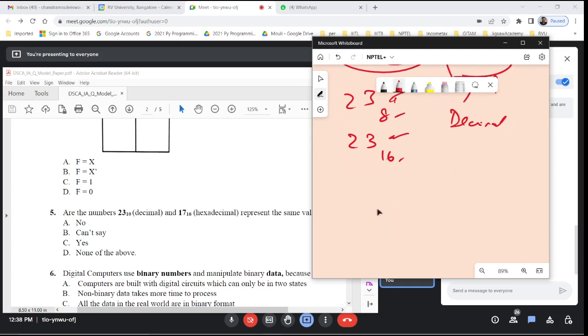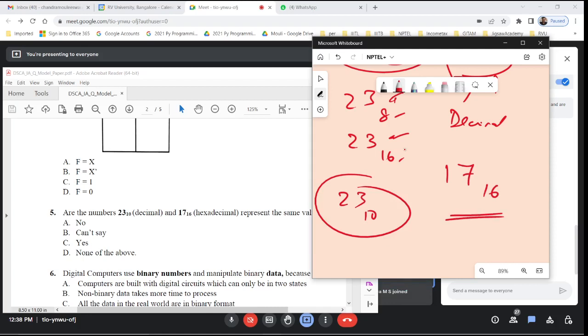Now in this case, hopefully there is no ambiguity. 23 is given as a decimal number and 17 is given as hexadecimal. So find the decimal equivalent of this number, which is nothing but 16 to the power 1 into 1 plus 16 to the power 0 into 7. So that is 16 plus 7, since 16 to the power 0 is 1.